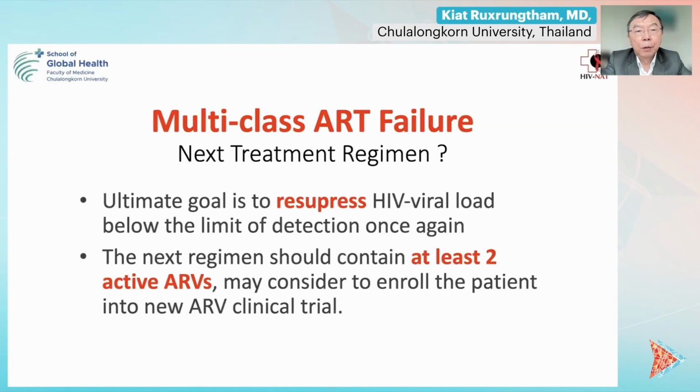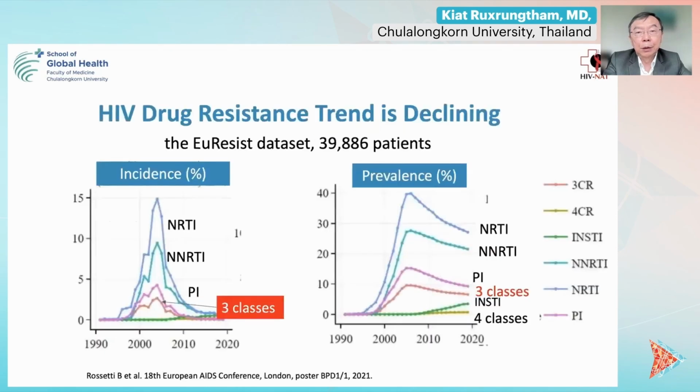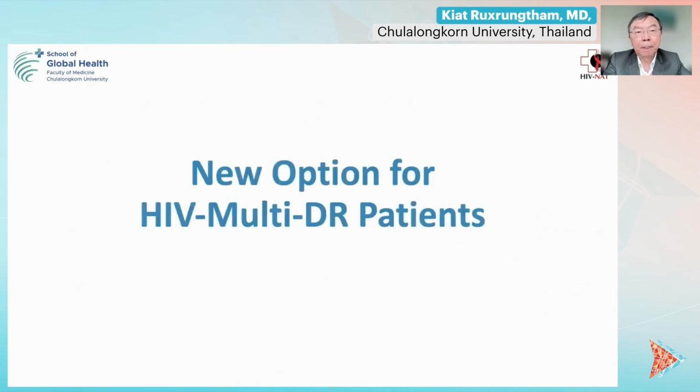So the ultimate goal is, again, to suppress the viral load below the limit of detection. And that means we need at least 2 active drugs. The good news is that data from Europe show that the trend of 3 or 4 class drug failure is declining significantly.